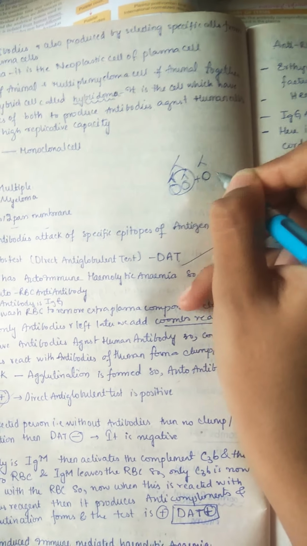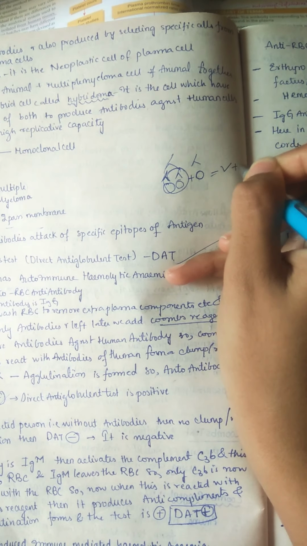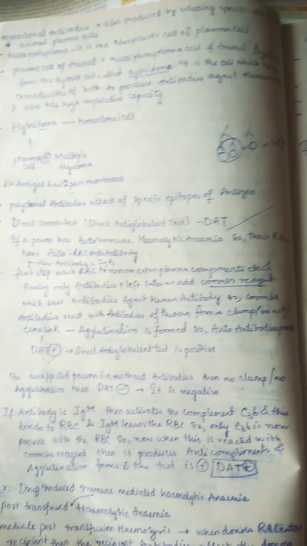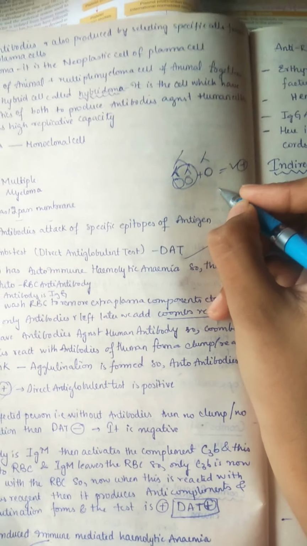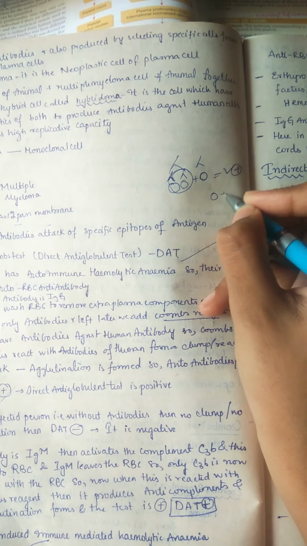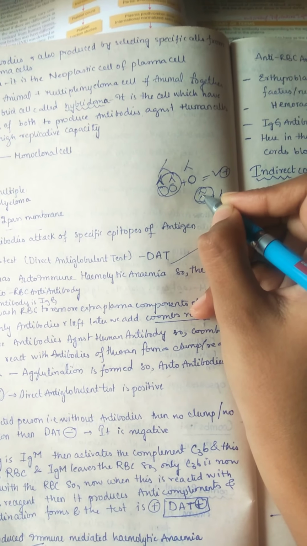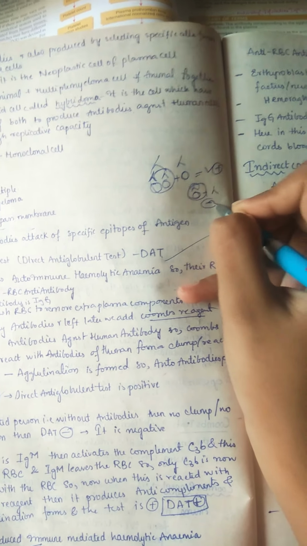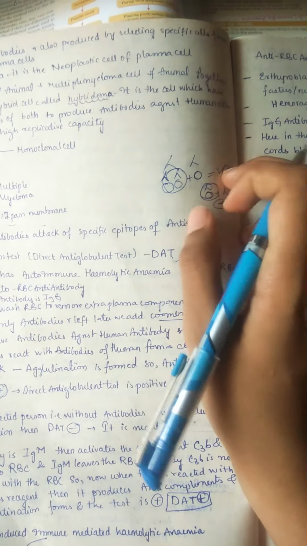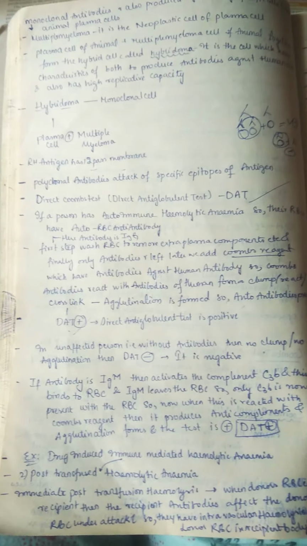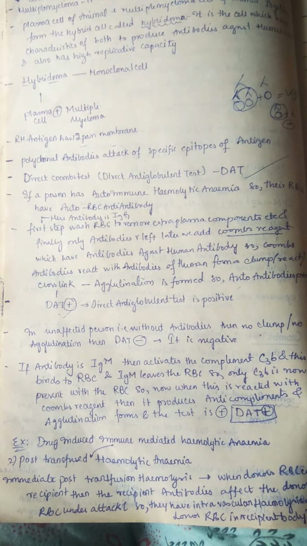If the clump is present, it is a positive test, meaning autoantibodies are present. If there are no autoantibodies, only the cell remains with the Coombs reagent, it can't form a clump, and we say it is negative. If it is negative, the disease is not present, and if it is positive, the disease is present. This is how we use this test.